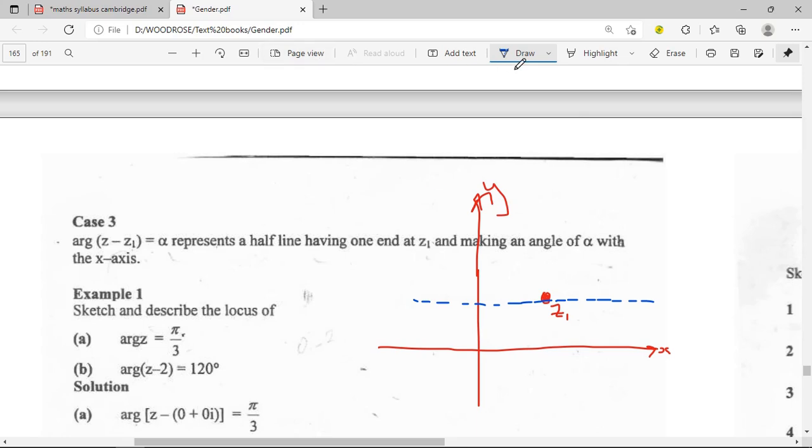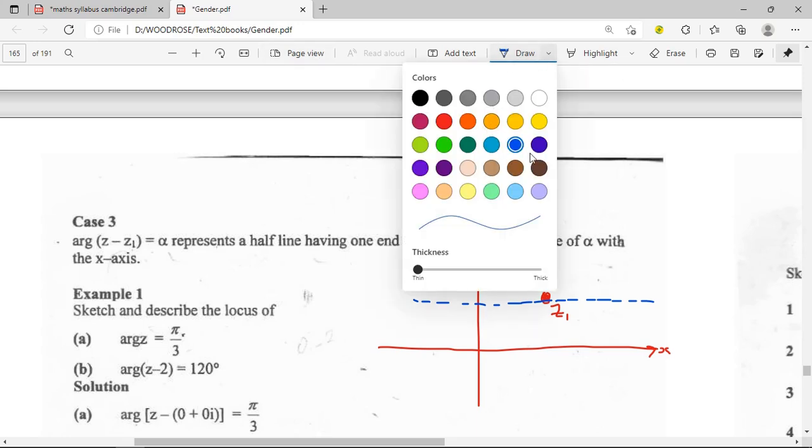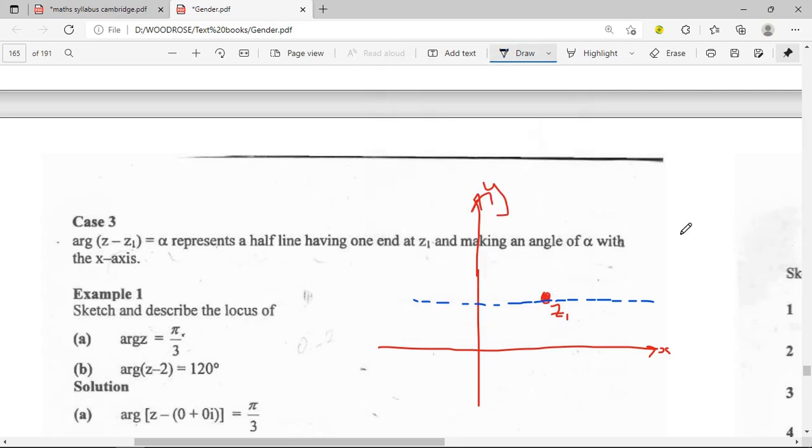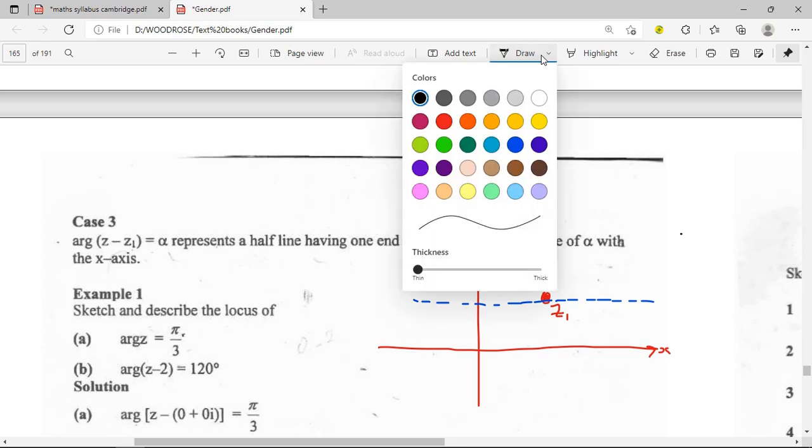Then the required line is a line from Z1 and it makes an angle of alpha with the horizontal.